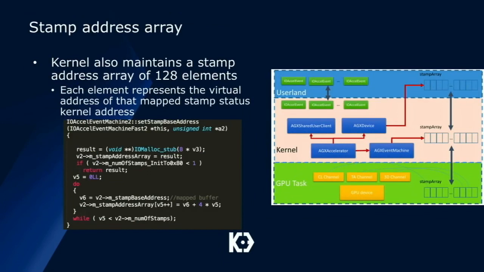The kernel also maintains an array called the stamp address array, which is very simply constructed by the code below. It contains an address array of 128 elements, and each element represents the virtual address of the mapped stamp status kernel address.